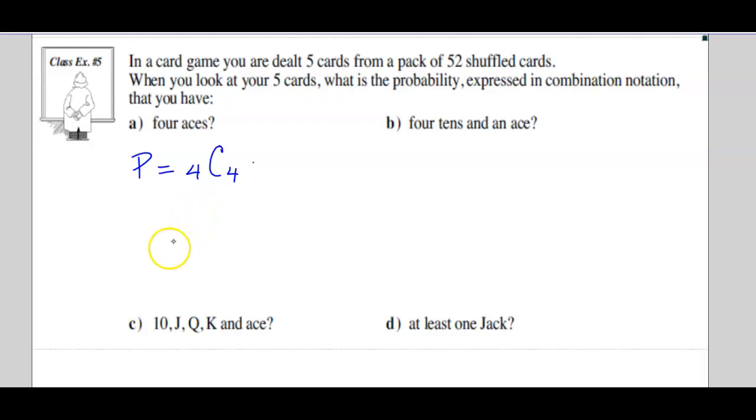How many non-aces do you have? 48 to choose your remaining card. Total number of possible 5-card hands, 52 cards, and you're choosing 5 of them. That number is absolutely massive, so we're just going to leave it like this.